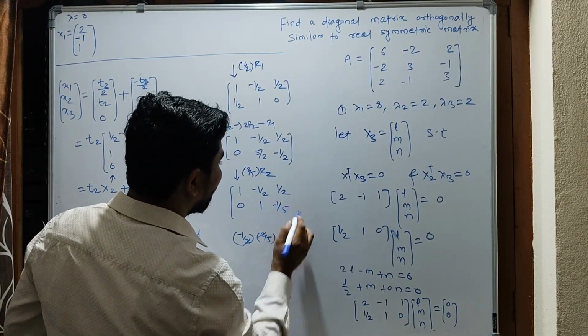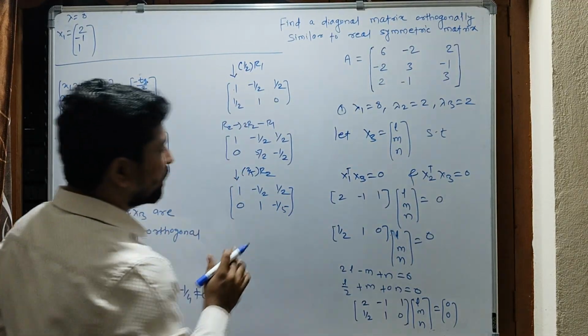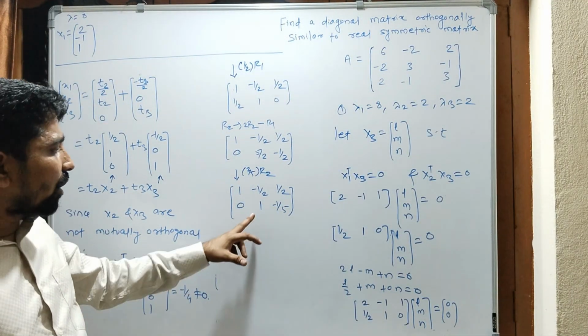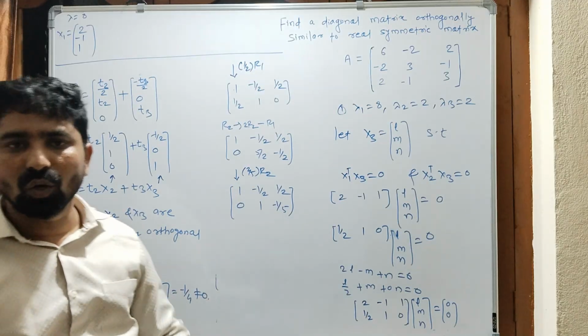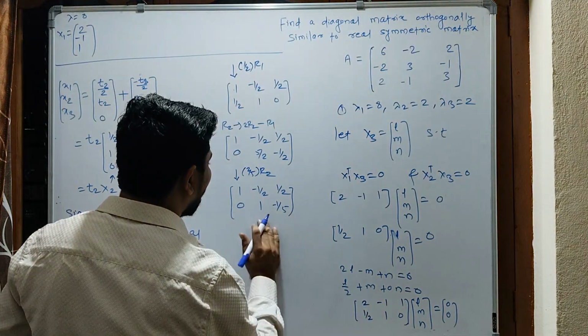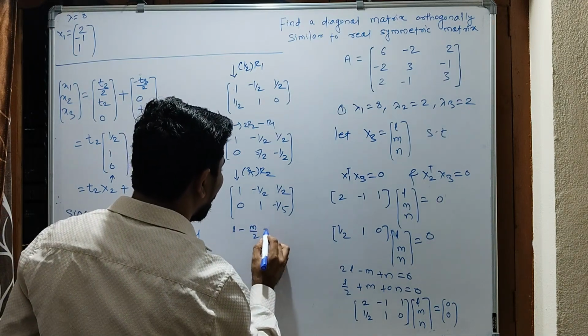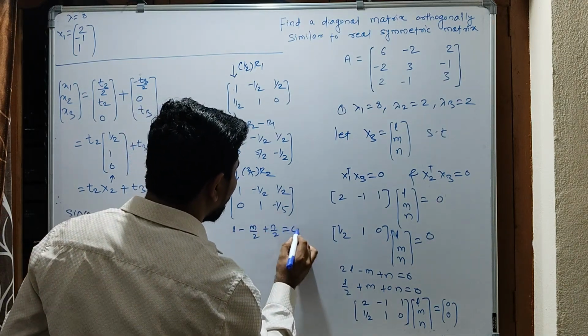Now this matrix is in echelon form. The rank of this matrix is 2 and the number of unknowns is 3. Therefore, by back substitution, n minus m by 2 plus n by 2 is equal to 0.